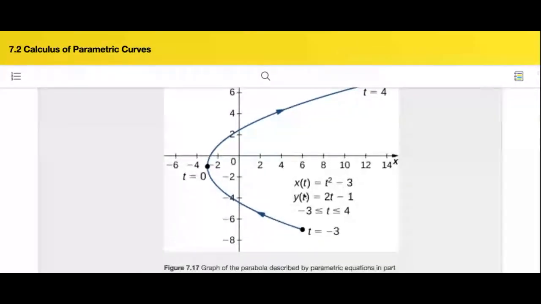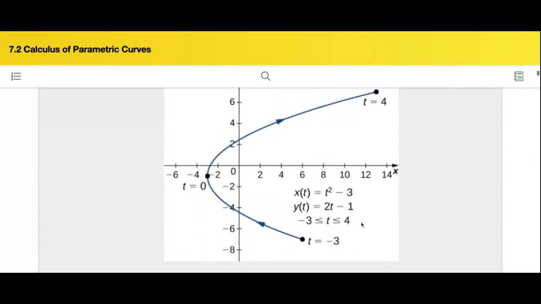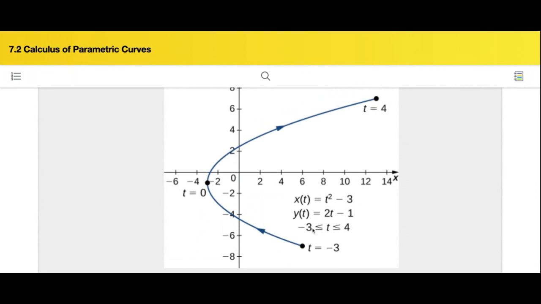If we graph this parametric equation, x of t equals t squared minus 3, y of t equals 2t minus 1, so y is linear and x is quadratic. If we graph it, we get this trajectory.